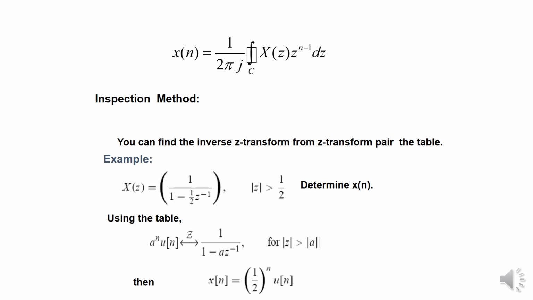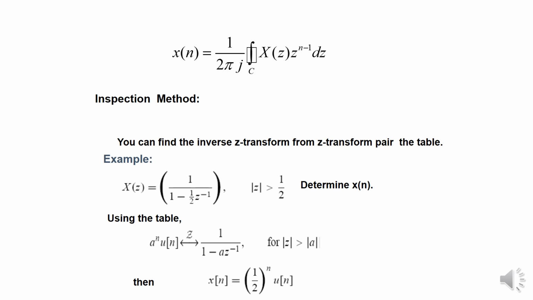So previously we have obtained some results, and from those previous results we are finding the inverse Z transform like this. Therefore this is called the inspection method of finding the inverse Z transform. If you remember that table, we have proven some of those things, but here you don't have to prove them.